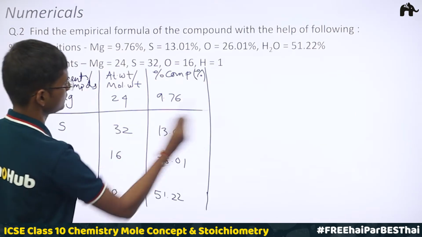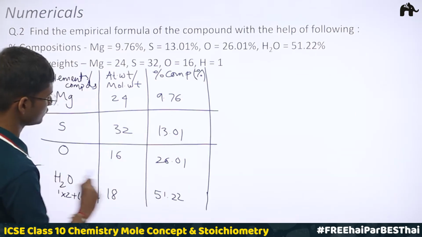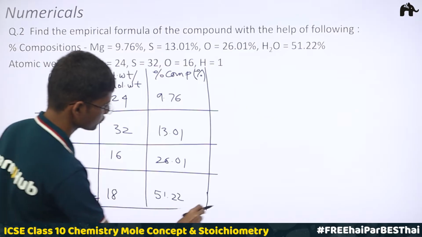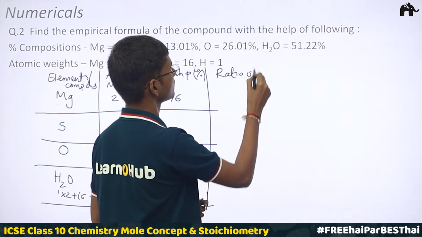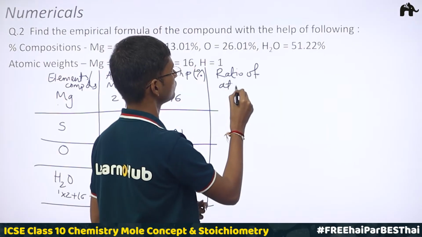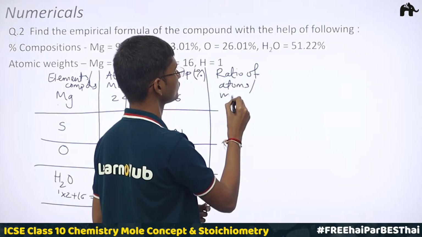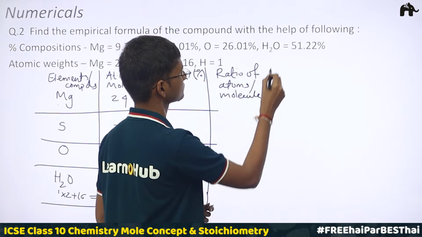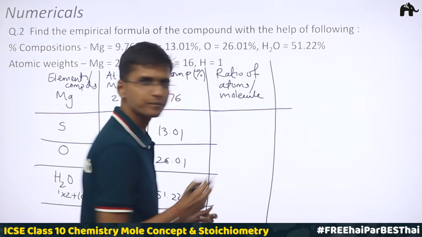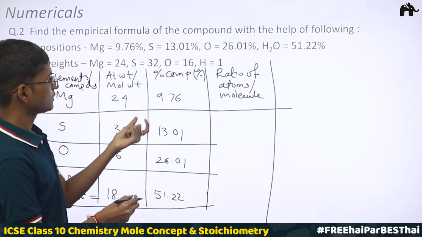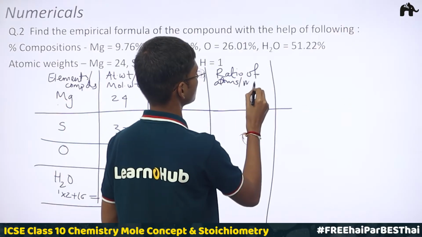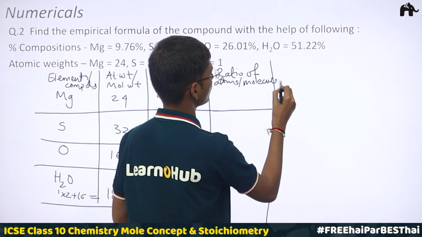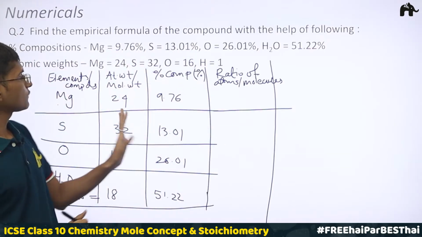Now what we have to do is find the ratio of atoms, or now I would say molecules, because here we are dealing with a molecule as well. Clear? How are you going to find out?